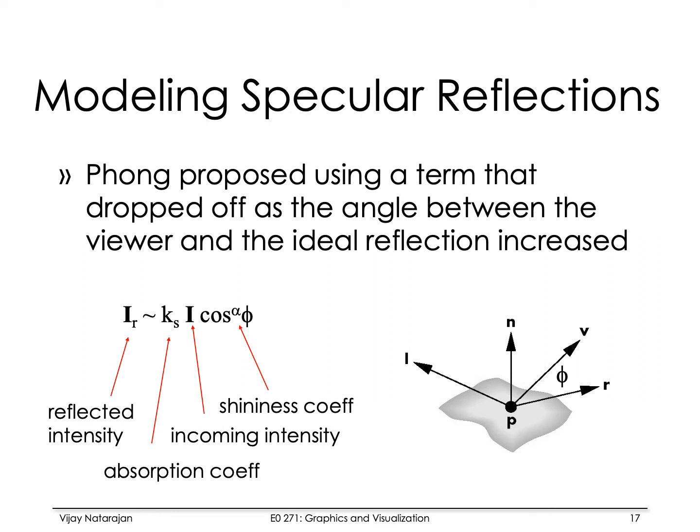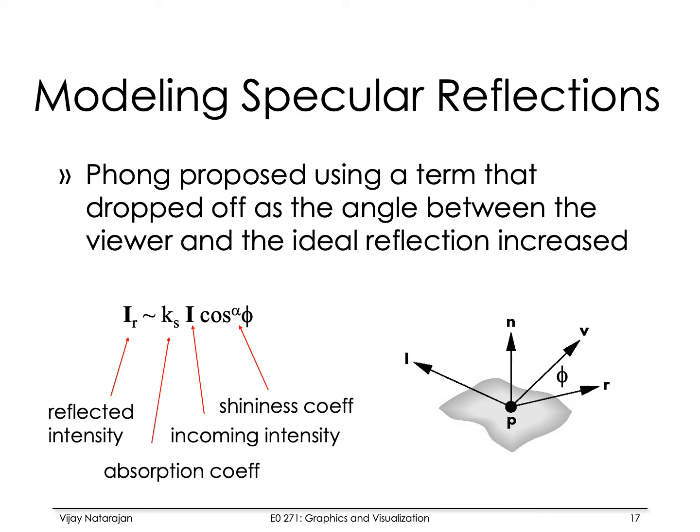So if I try to model that, phi is the angle between the viewer and the reflected ray, the ideal reflected ray, R. So what we are saying is that the intensity of the reflected ray, I sub R, depends on the coefficient corresponding to the material, K, I, the incoming intensity of light, and cosine of phi.